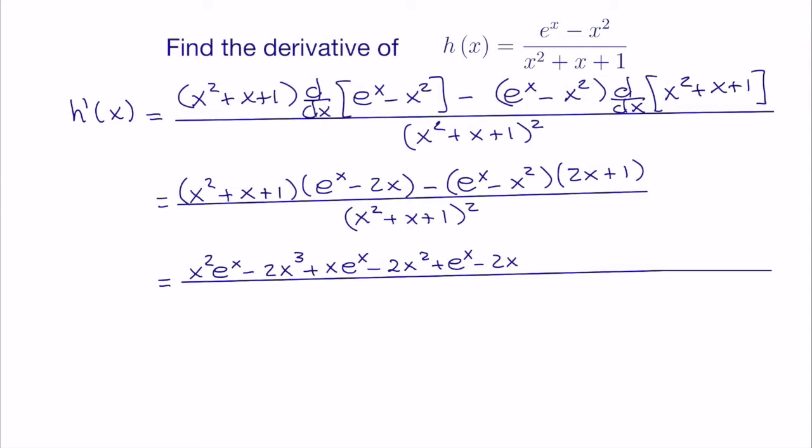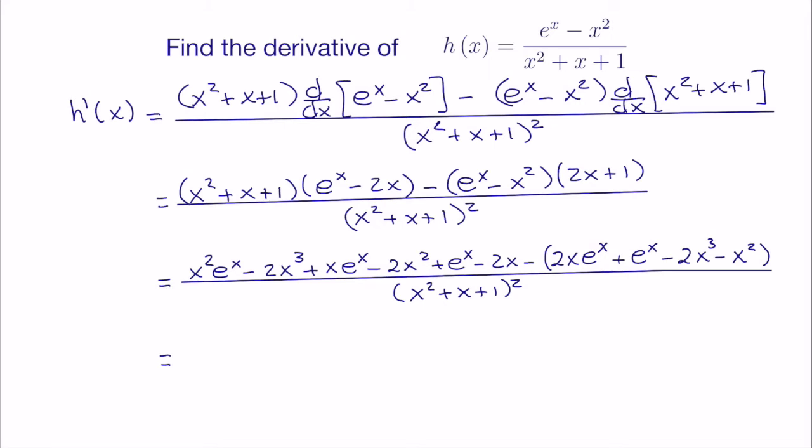And then we have to distribute here. I'm going to keep the negative sign even if I have to write more, because we don't want to make mistakes with the signs. So this is 2x e to the x plus e to the x minus 2x cubed minus x squared, all over (x squared plus x plus 1) squared.